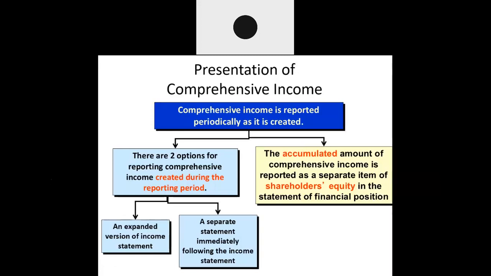But for the comprehensive income, you accumulate it in the accumulated comprehensive income. So it has the same concept. Just bear in mind, for net income you accumulate in the retained earnings, and for the comprehensive income you accumulate in the accumulated comprehensive income. The retained earnings and accumulated comprehensive income you report under the equity section.